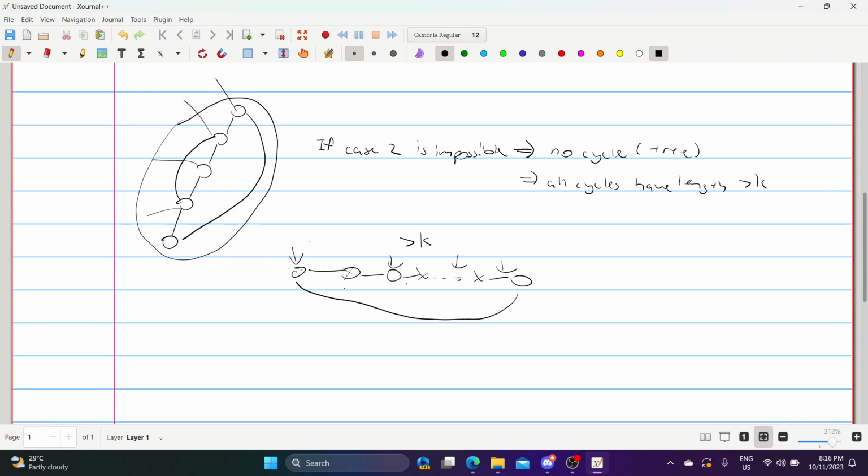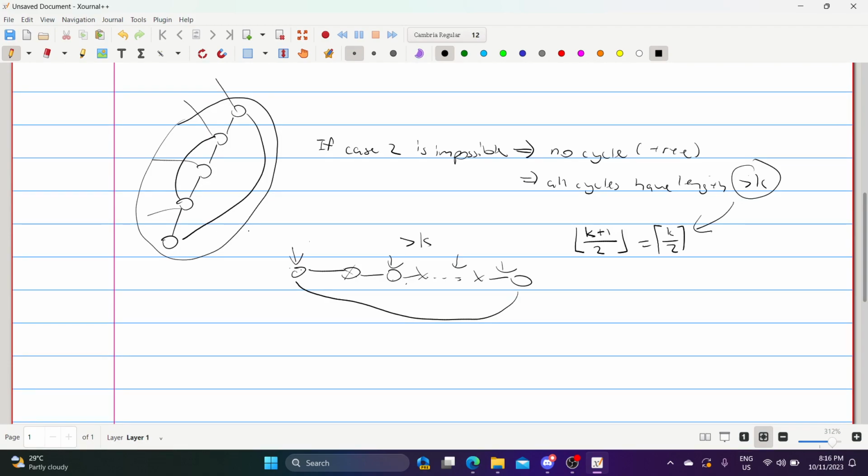Since the cycle length is more than k, the number of elements is floor of (k plus 1) over 2, if I'm not wrong. If you have 3, then yes, and this equals ceiling of k over 2. So if all cycles have length more than k, then we can always solve for case 1. Otherwise, we can solve for case 2.